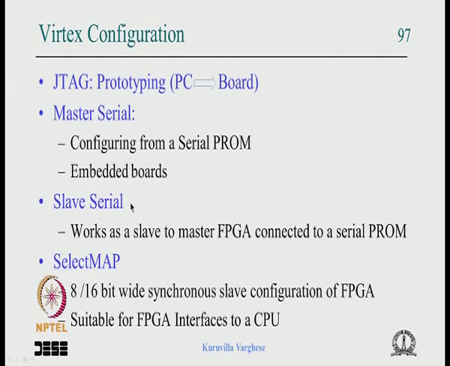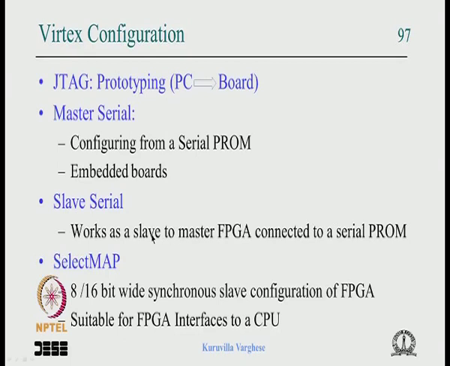And slave serial: master and slave depend on who gives the clock. If the FPGA is giving the clock, it is called master, but in slave serial the FPGA gets the clock from outside.